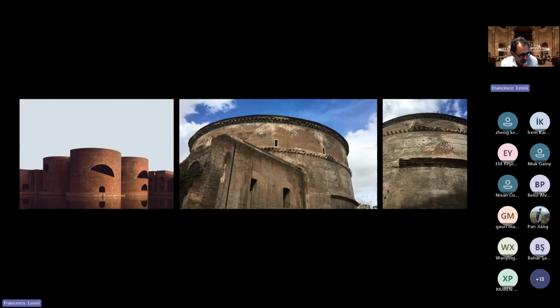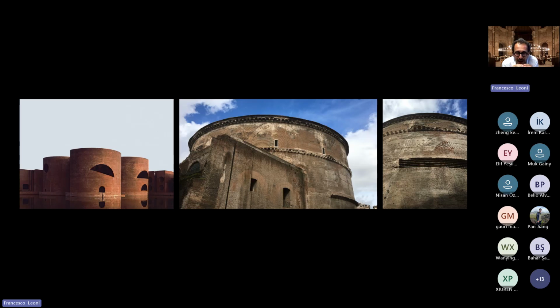The inspiration from classical architecture for contemporary architecture has always been a fundamental part of the design process. Here, in the central and in the right image, you can see the Pantheon. The Pantheon is a building in the center of Rome, still from Hadrian's period, while on the left image, you can see the Parliament of Dhaka from Louis Kahn in the 70s.